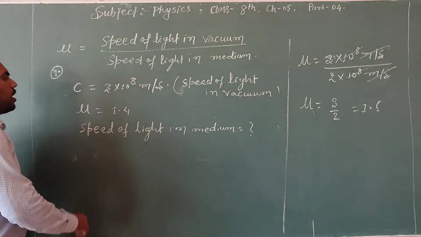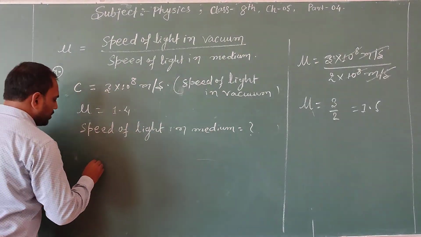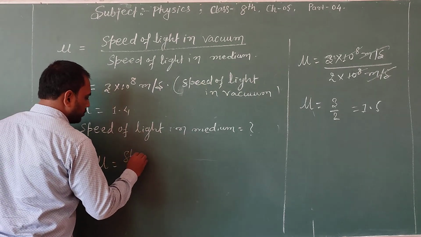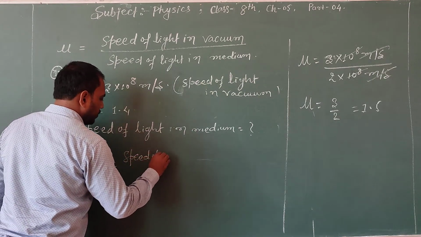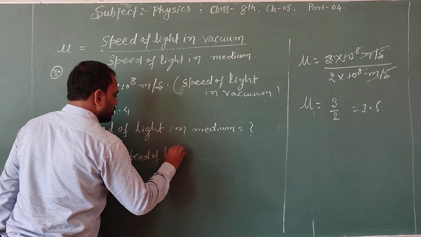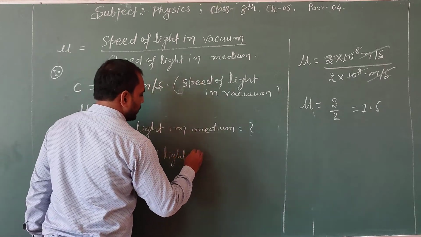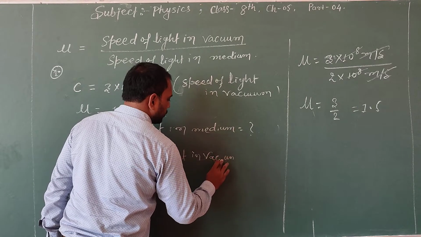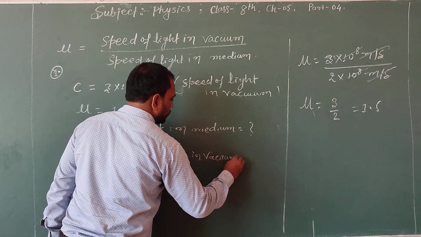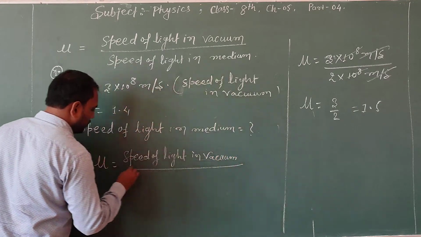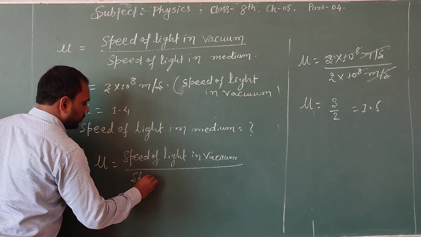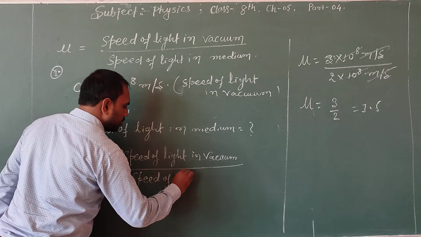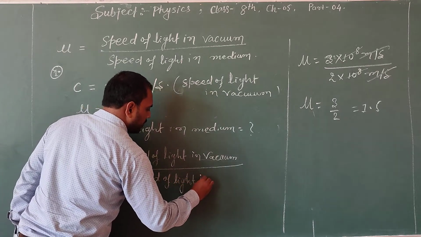As we know, the refractive index is equal to the speed of light in vacuum upon the speed of light in medium.